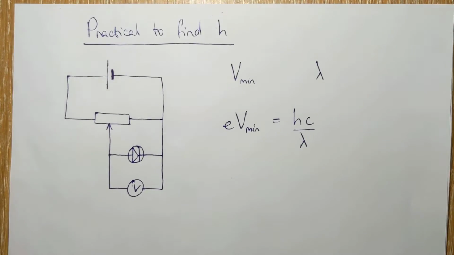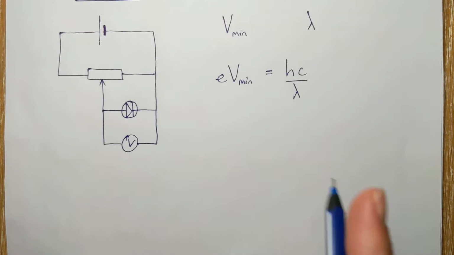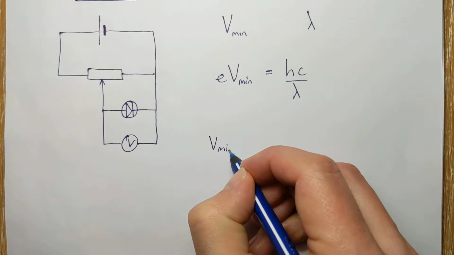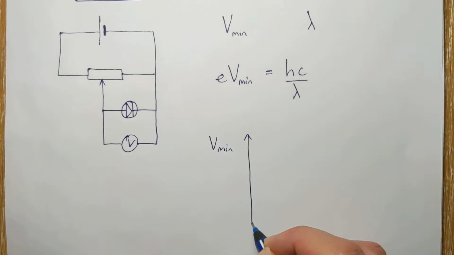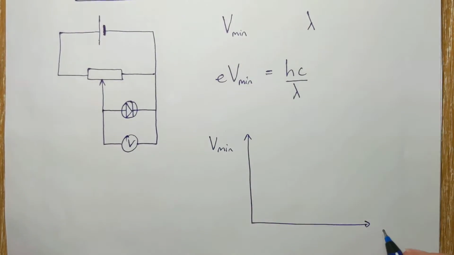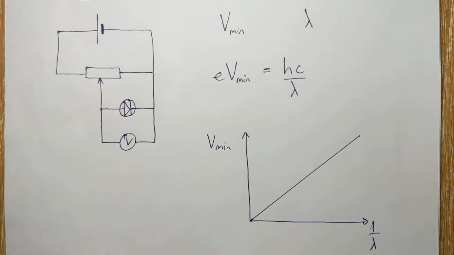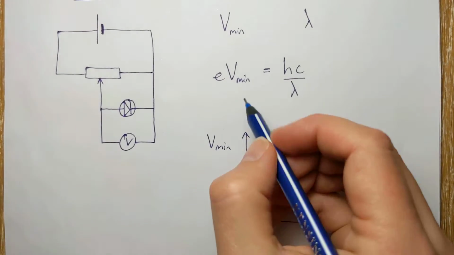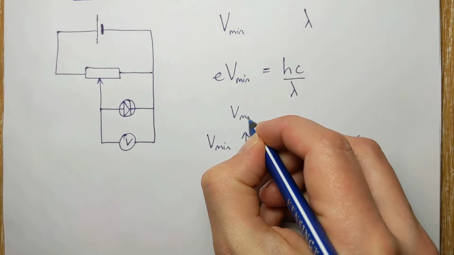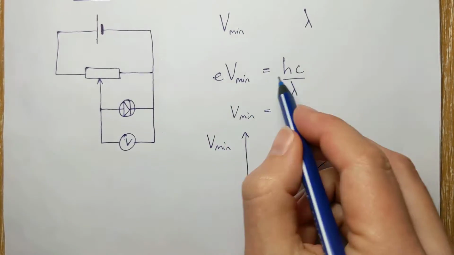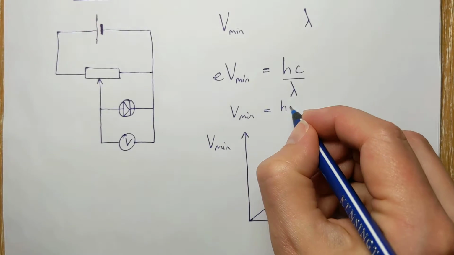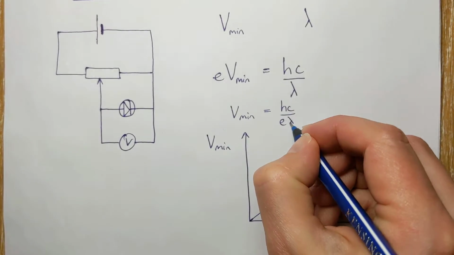And so that means that if we plot Vmin on the y-axis against 1 over lambda on the x-axis, we are going to get a straight line through the origin. Now, why is that? If I try and squeeze it in here, I haven't left enough room. So if I just divide both sides by e there, I'm going to get hc over e lambda.